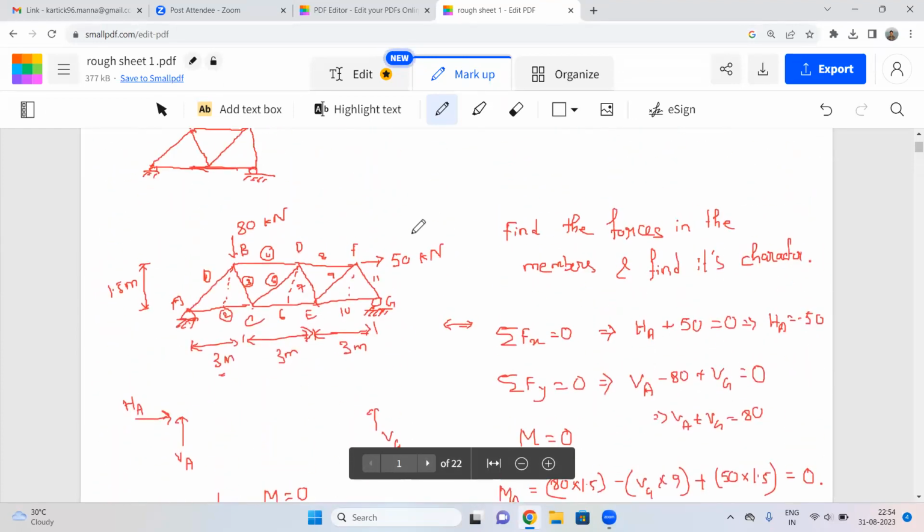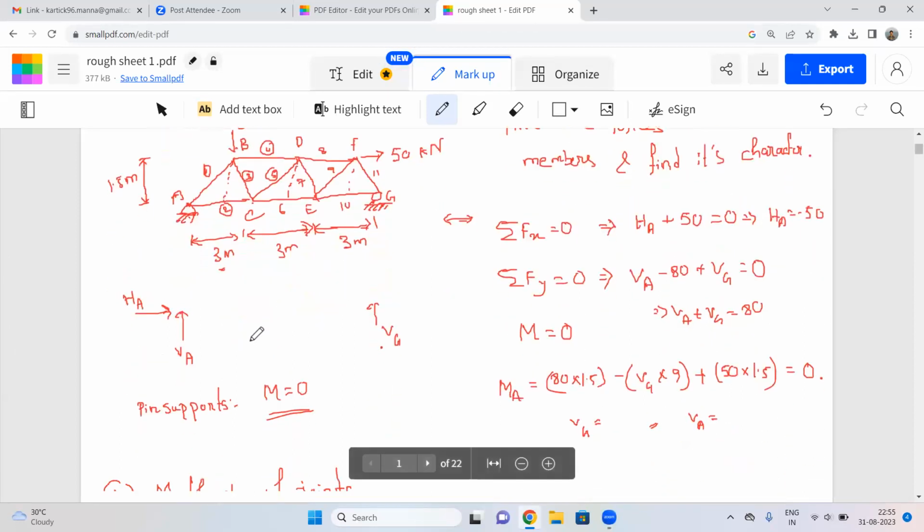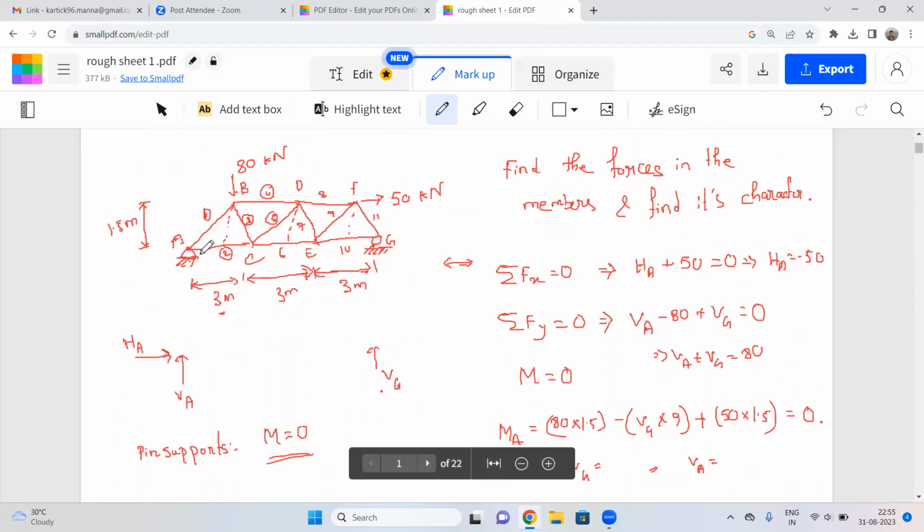So what are the joints? A, B, C, D, E, F, G, these points are the joints, right? First of all, think about joint A. For joint A, this HA force is there, this VA force is there.